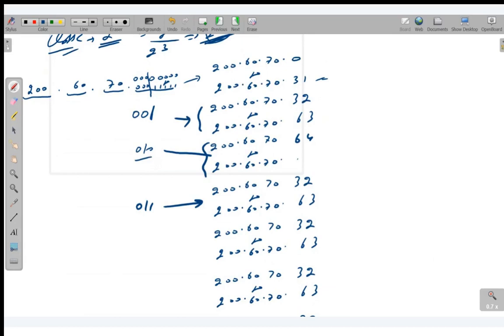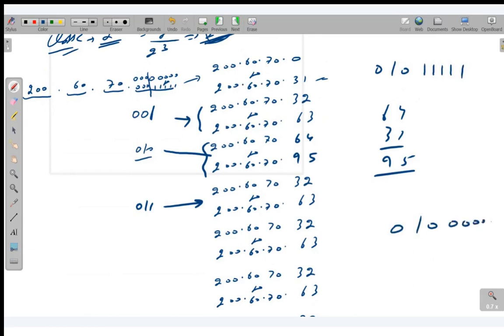So 64 plus 31, 95. But we have 0 between, so 1 0 and then followed by 5 zeros. So you can count 1 2 3 4 5. You just add 5 ones. So see this. Imagine this 0 1 0, then 1 2 3 4 5. This number is 64. So now if I add all ones here, 1 2 3 4 5, what is this value? 31, right?